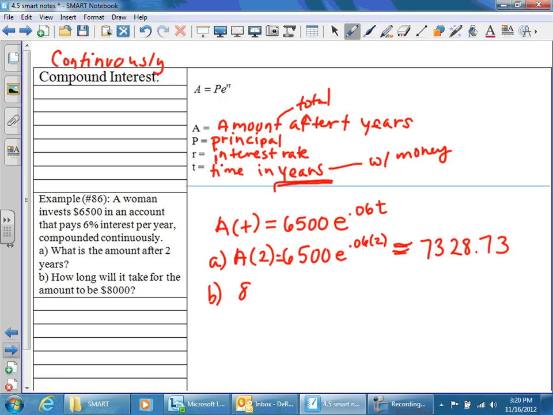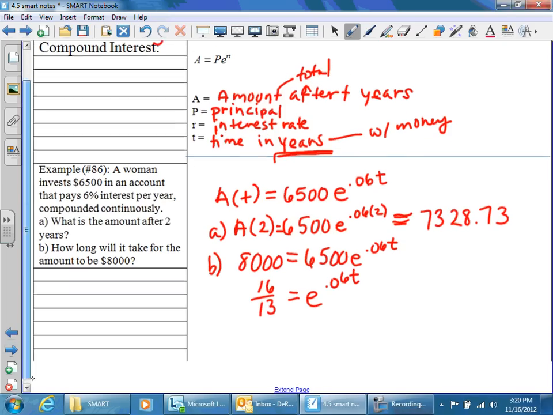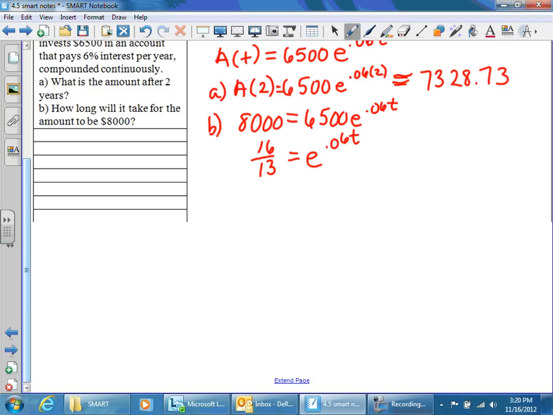Okay, part B, how long will it take the account to be $8,000? So now I'm going to set 8,000 equal and solve for the time. So divide by your 6,500. Math bracket if you need to. And now since I have a variable up in the exponent, I need to ln both sides.